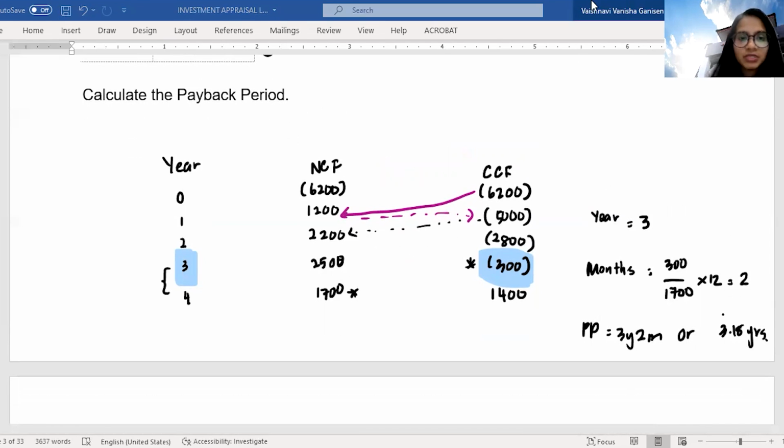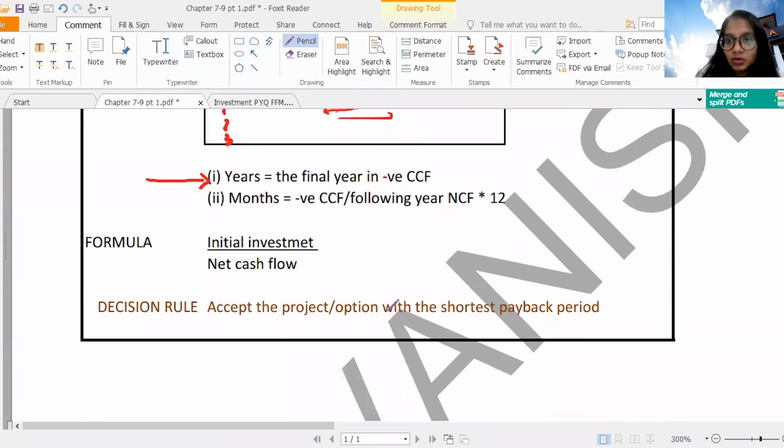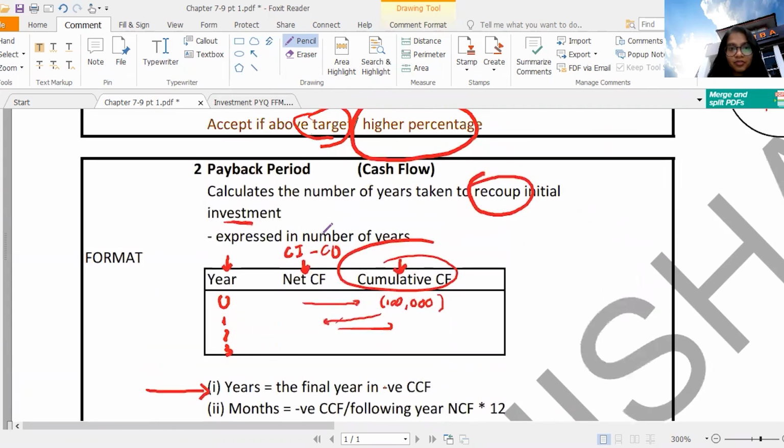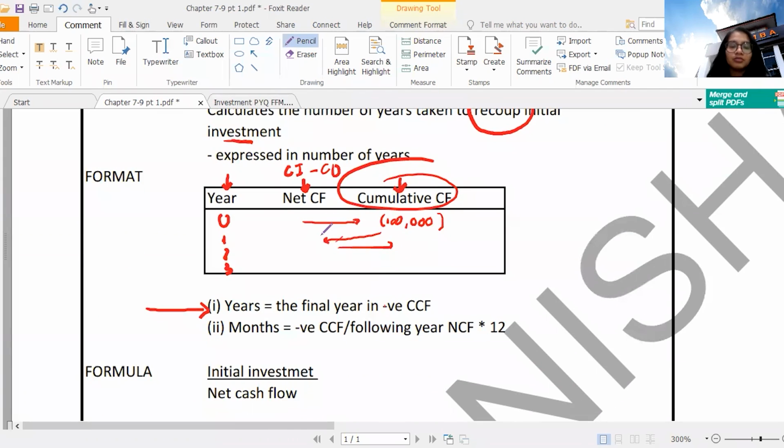Or maybe I will finish this first before we go back to the king's question. Just now, we calculated the payback period. But if you notice, the cash flows from year 1 to year 4 were all non-constant. If it is non-constant cash flow, you have to follow this approach: year, net cash flow, and cumulative cash flow.